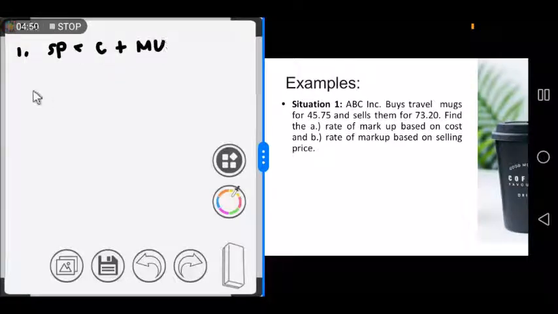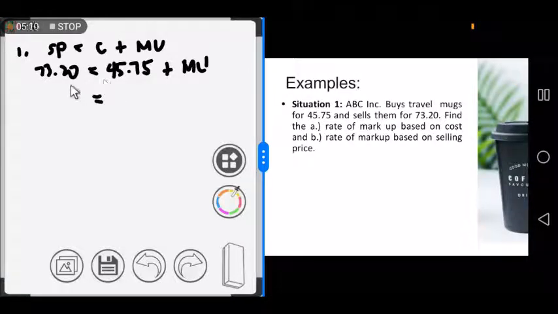Okay, so the selling price is $73.20, and the cost is 45.75. So, all we have to do is subtract the two to get the markup. Okay? So, 10 minus 5 is 5. Let's repeat, markup. 10, 5, 1, 11, 4.